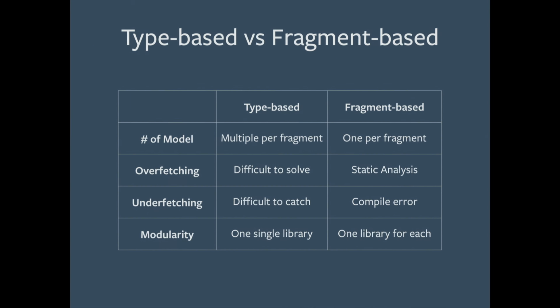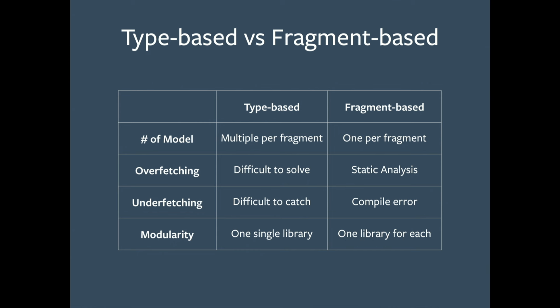So kind of summing up all this, I want to show you a table view of the pros and why we chose to use fragment-based model. Number of models you have to know for type-based is maybe multiple. It doesn't have to be one. It could be many. But in fragment-based, you have one per fragment.